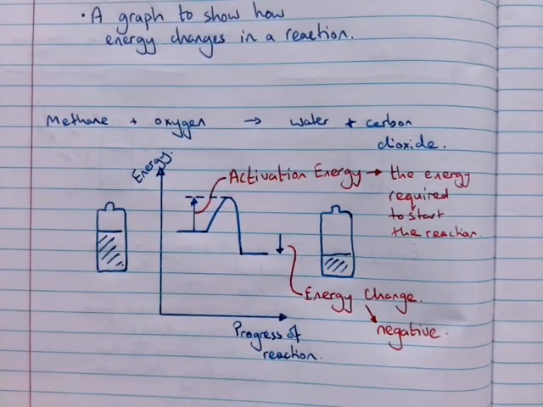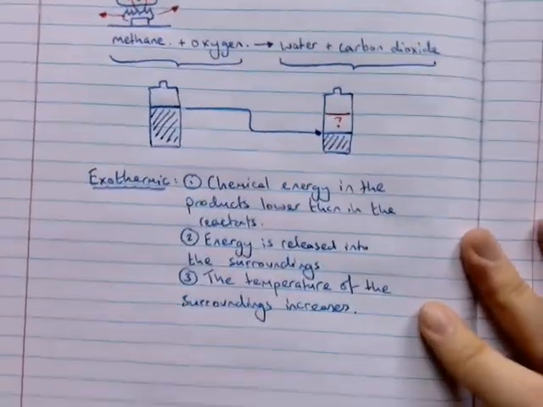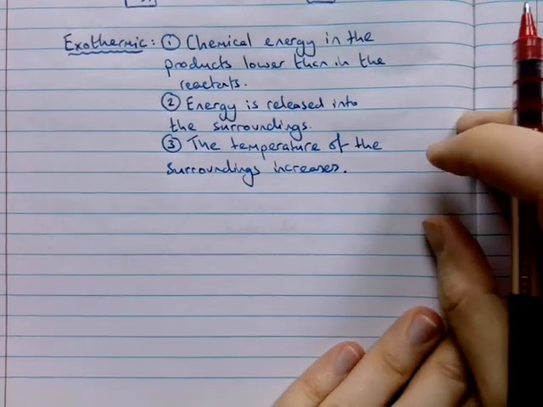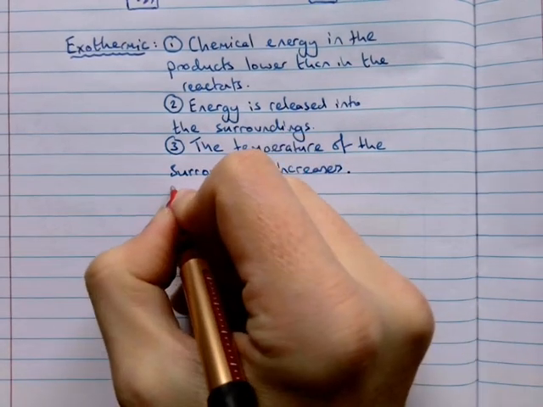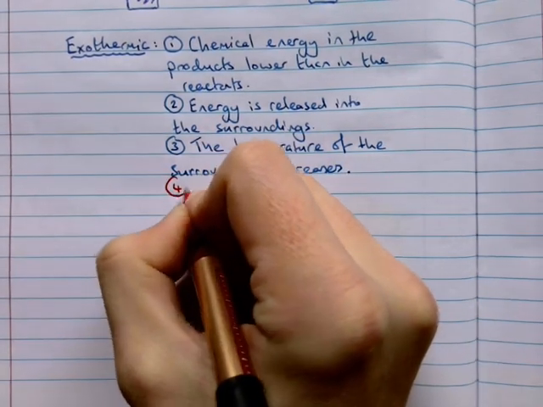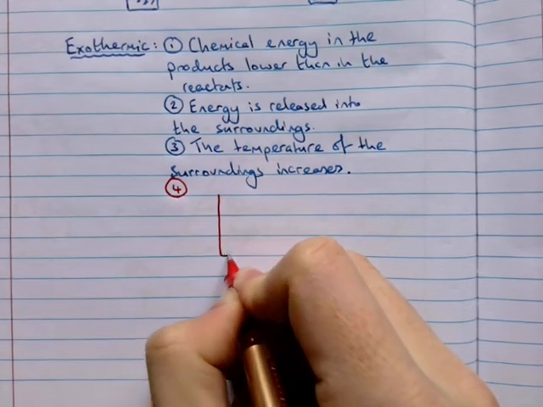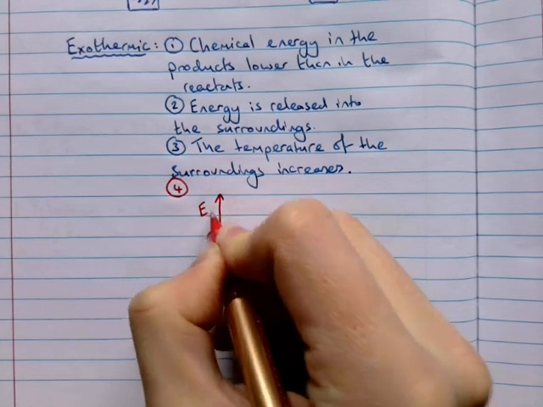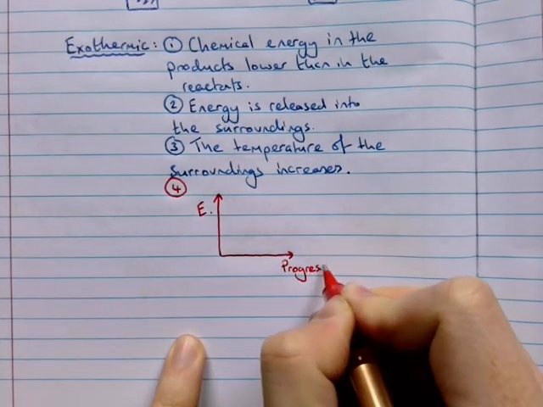All right. So what we can do now is we go back to what we had last week. Now you might not have space for this, so don't worry if you don't have space. You can add it to your flashcard for your exothermic reaction. So the fourth thing we can write about an exothermic reaction is that the reaction profile looks like this. So we have energy against progress of reaction.